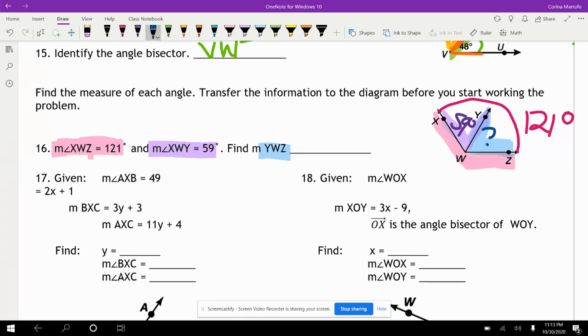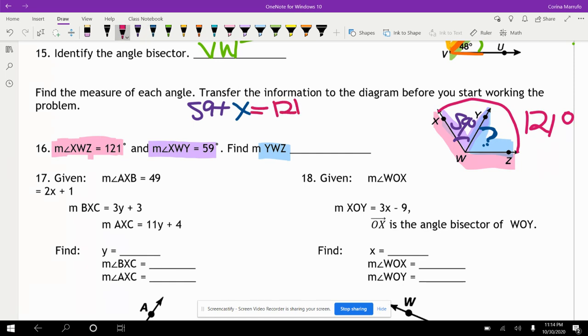So just like we had a segment addition postulate, it's kind of like we have an angle addition. Okay, so if I take 59, I'm going to write it here, 59 plus whatever this angle is. I don't know what this angle is. I put a question mark here, but on our equation, I'm going to call it X, okay? And then it should equal the whole thing, okay?